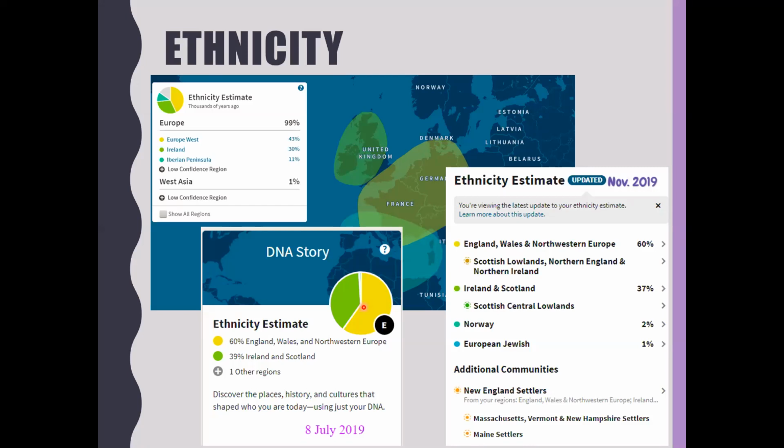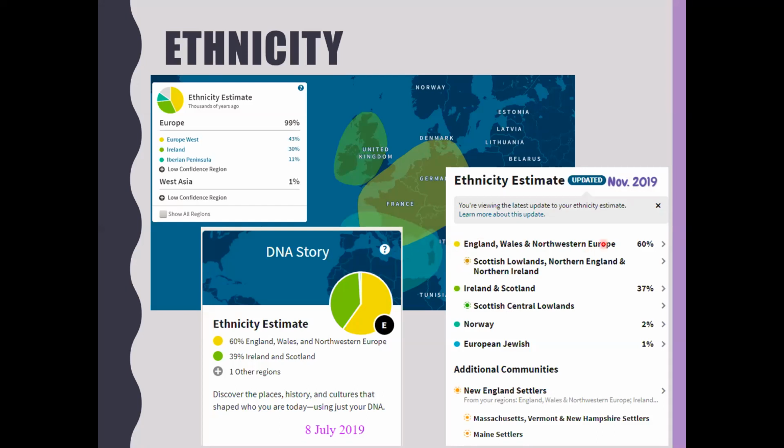The other thing that Ancestry does, you'll see here they've got these dots that are solid, and then they've got the dots with a dashed line around it. What this is doing is this line is the straight genetic information. That's just looking at their reference populations.